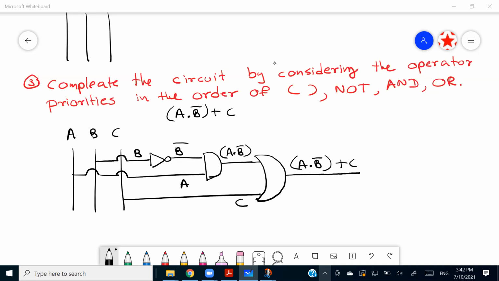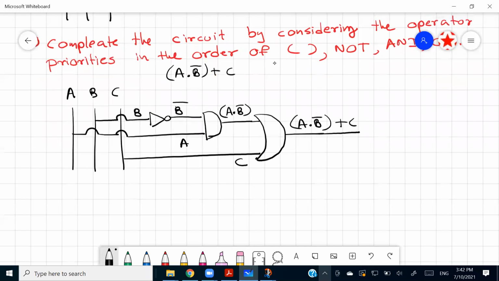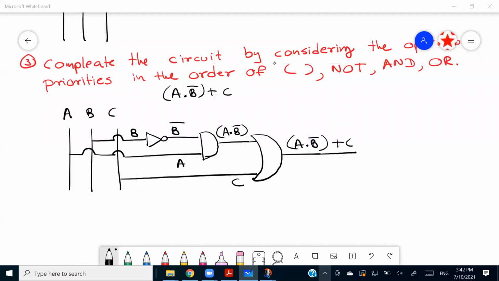Okay. So I'm going to give you some questions. You have to draw the circuit and send me a photo to the WhatsApp group, right?